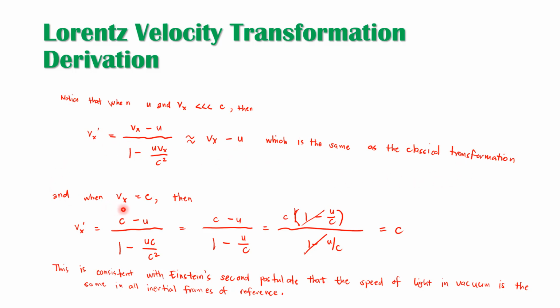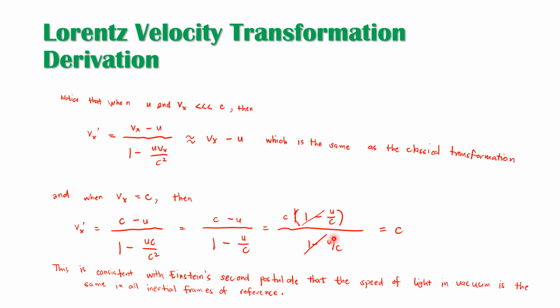And also, when v sub x is equal to c, let us substitute c into our v sub x term. Then we have v sub x prime equals c minus u divided by 1 minus u times c divided by c squared. We can cancel this c here, so in the denominator we have 1 minus u over c. Factoring out c in the numerator, we have c multiplied by 1 minus u over c divided by 1 minus u over c.